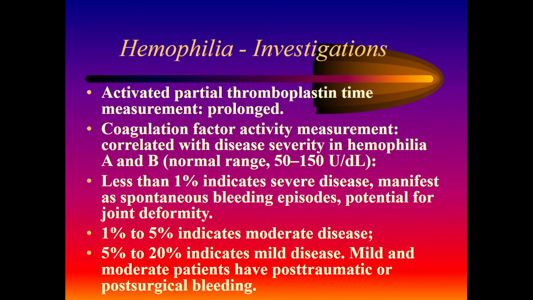Less than 1% indicates severe disease, manifested as spontaneous bleeding episodes with potential for joint deformity. From 1 to 5% indicates moderate disease. 5 to 20% indicates mild disease. Mild and moderate patients have post-traumatic or post-surgical bleeding.